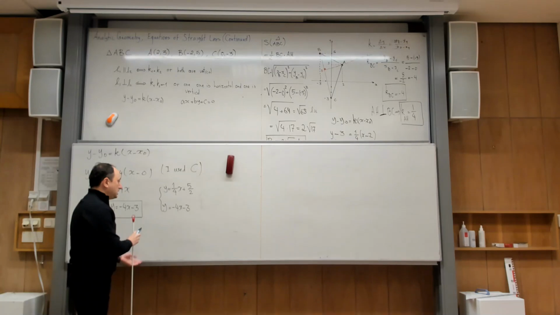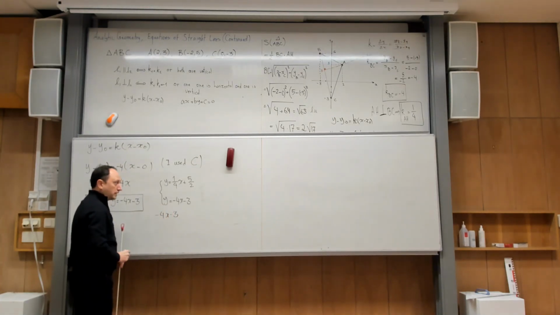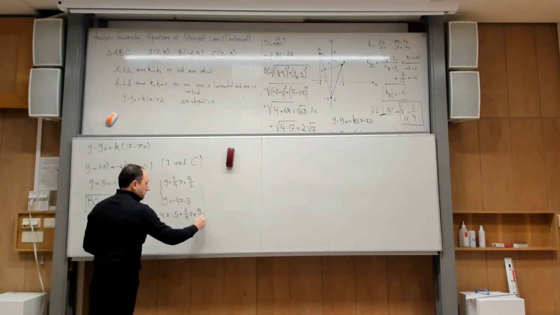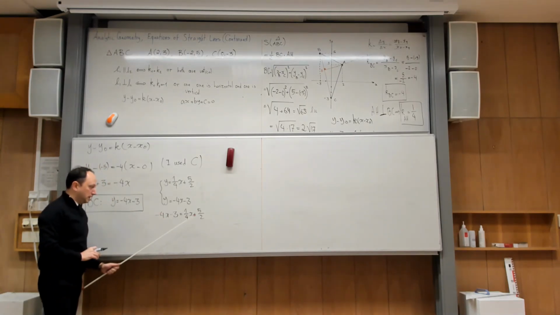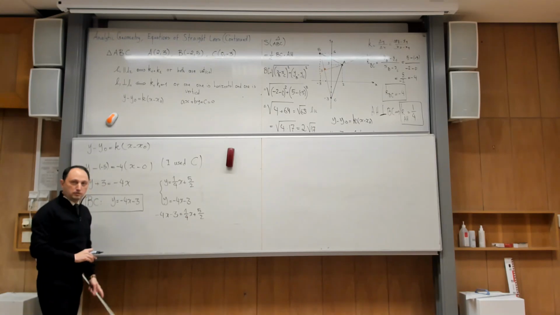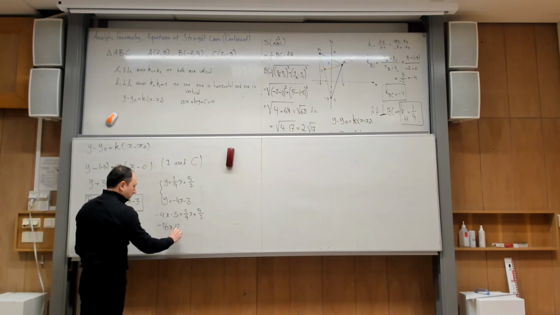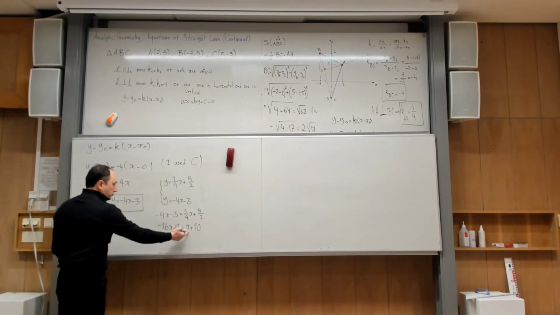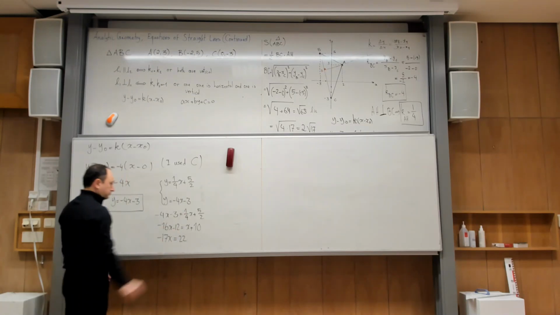So I have -4x minus 3 equals 1/4x plus 5/2. If I want to solve that, this is a Math 1C problem with denominators. I want to get rid of denominators. I multiply everything by 4 to simplify that. So it becomes -16x minus 12 is x plus 10. Then I move this to the left, it becomes -17x. I move this to the right, it becomes how much? 22.